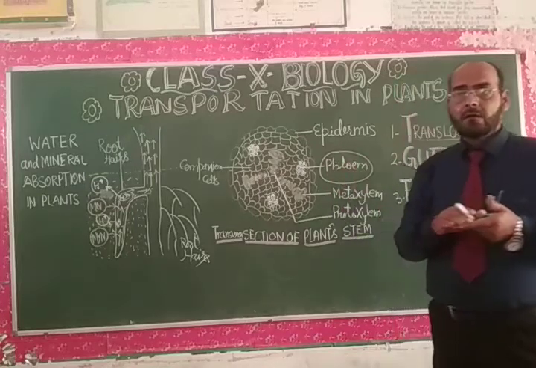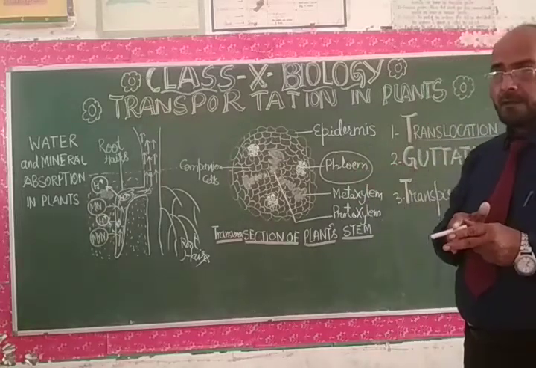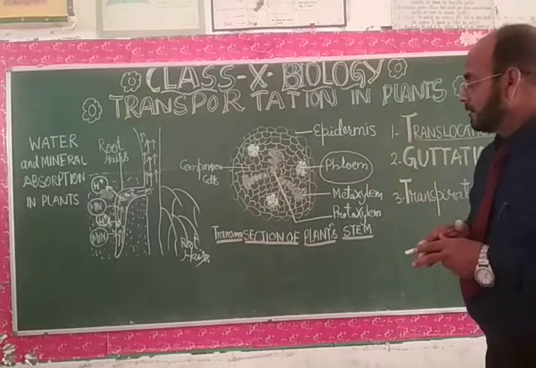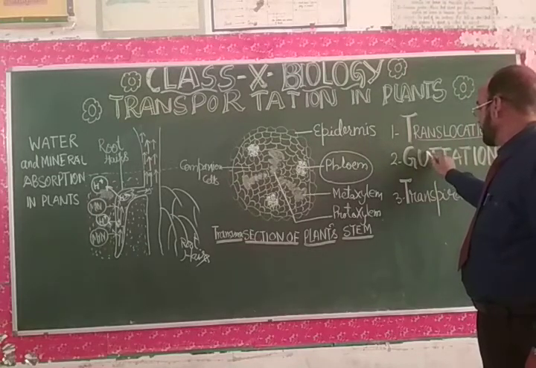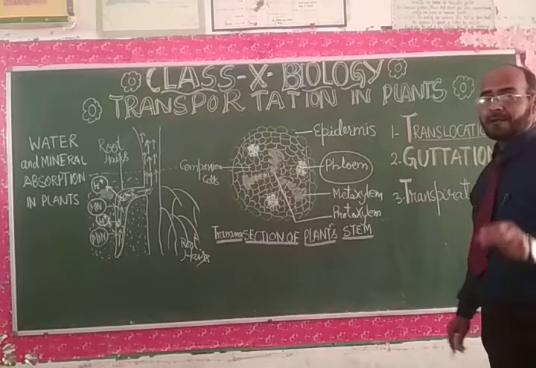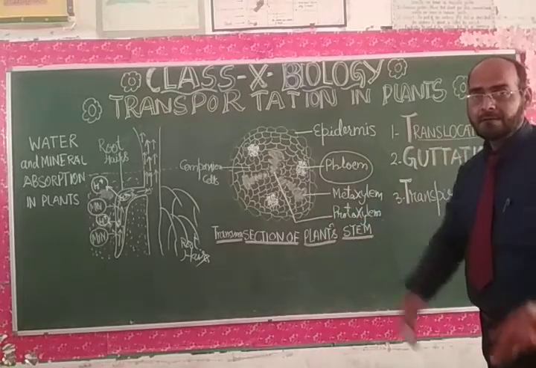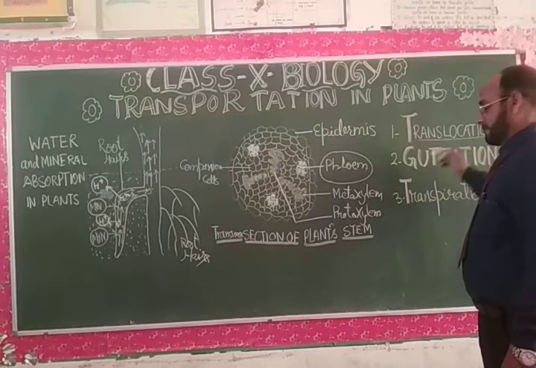At night, when the temperature around the plant body is lower, transpiration takes place, but water cannot be evaporated. Water gets spread on the leaves of the plants, and that process is called guttation.